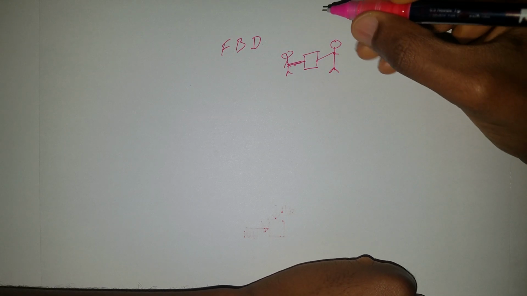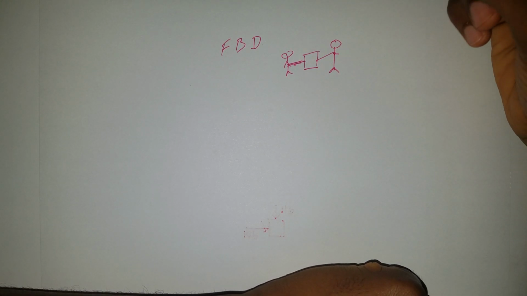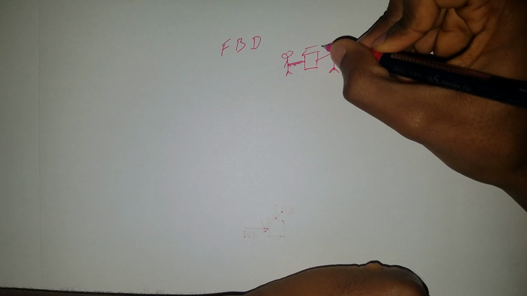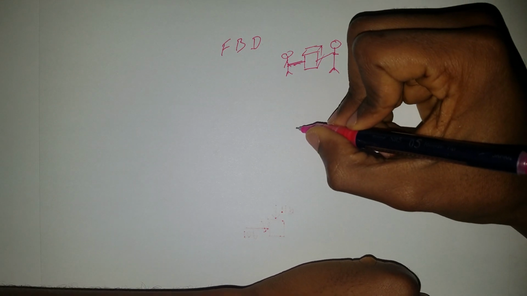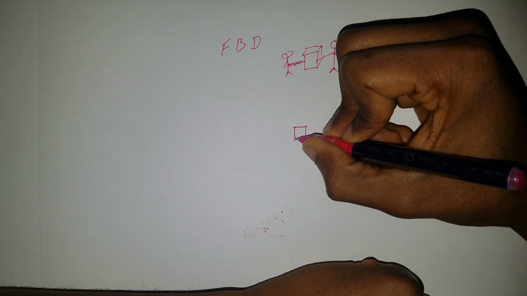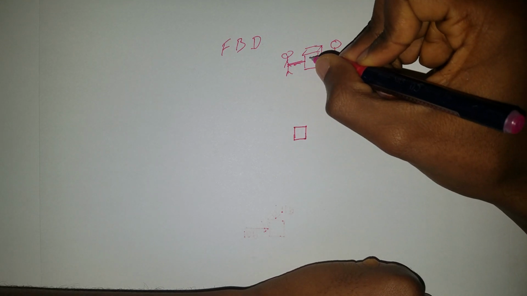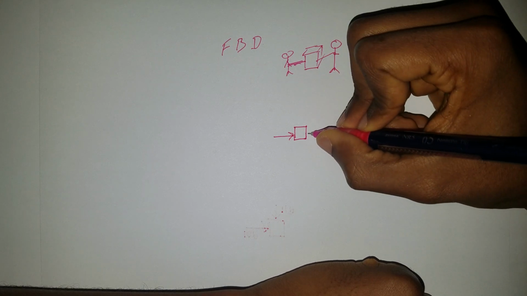Well, if we look at it from the side, we can simplify this three-dimensional object into a 2D one. And we know this person is pushing in this direction, this person is pushing in this direction.